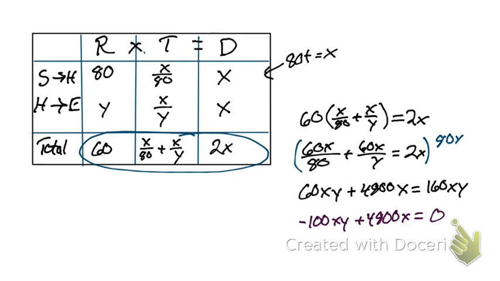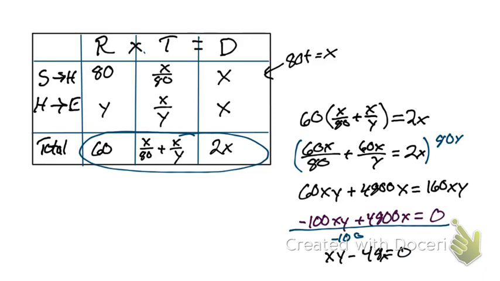Well, at this stage, I could divide everything by 100. I'm actually going to divide everything by a negative 100. I like when there's a positive up front. So that's going to give me positive xy minus 48x. Ooh, almost forgot the x.